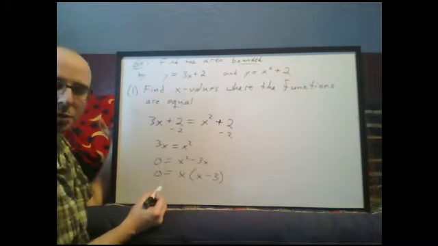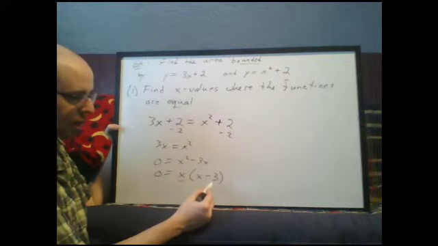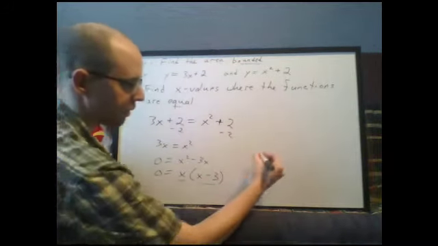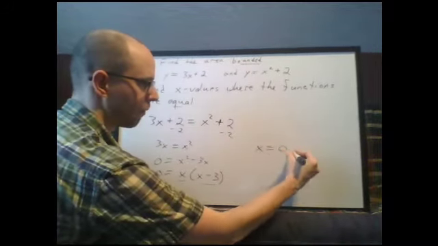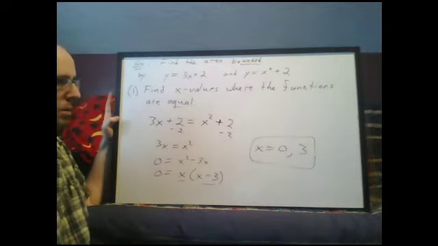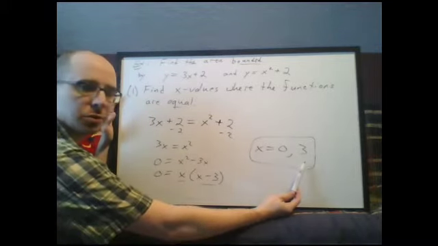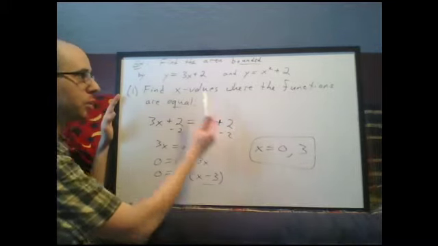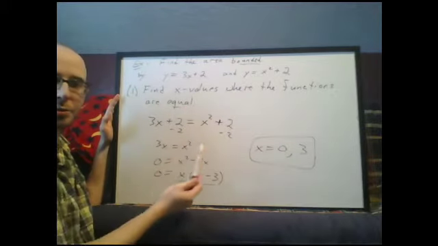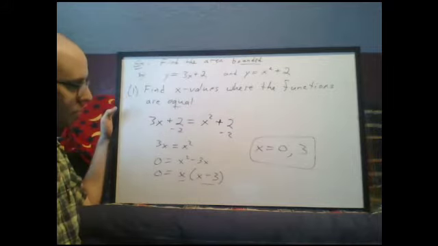And so my two solutions to that equation are x equals 0 from this factor and x equals 3 from this factor. So my result from this first step is x equals 0 and x equals 3. Those are the two x values where my two functions are equal. Those are the two x values where the curves cross each other, where they intersect.